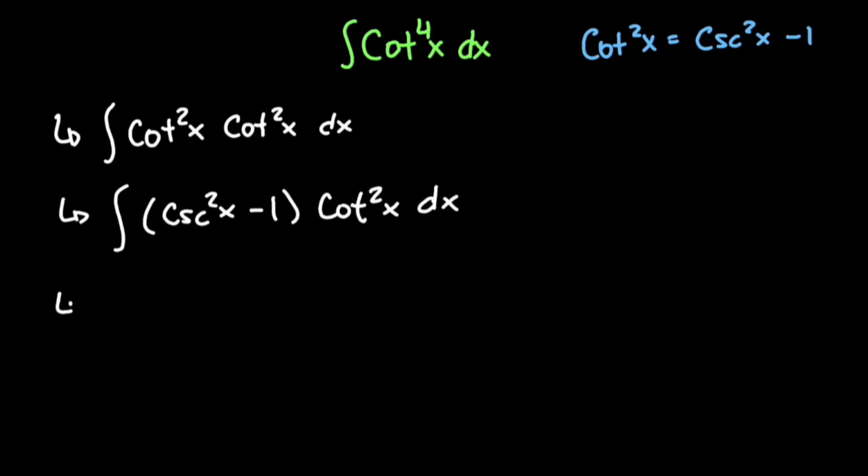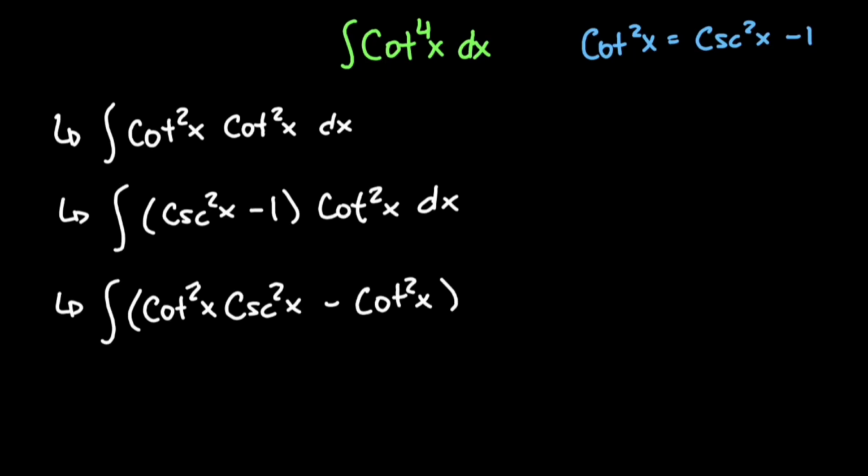And distribute cotangent squared amongst the parentheses, and split the integral apart. So this should be like this.